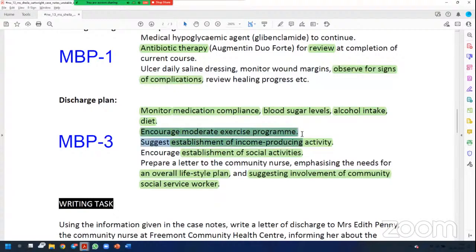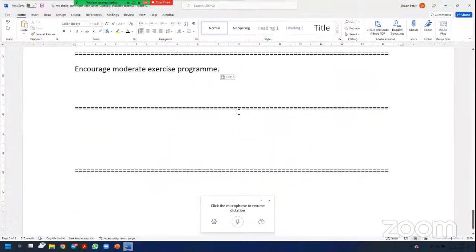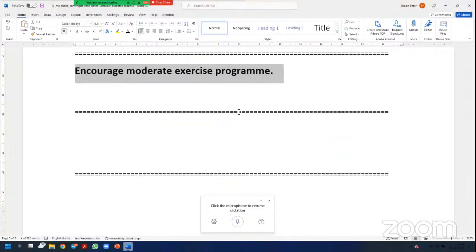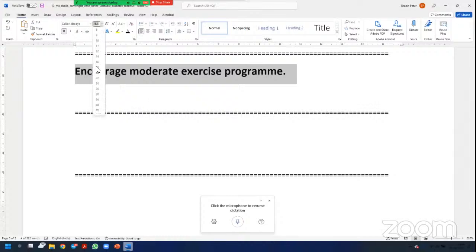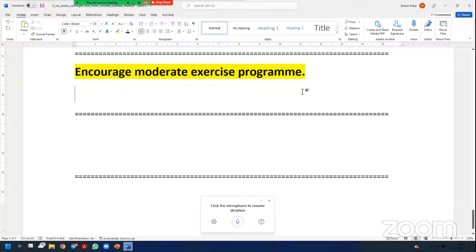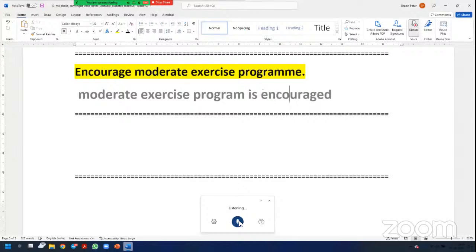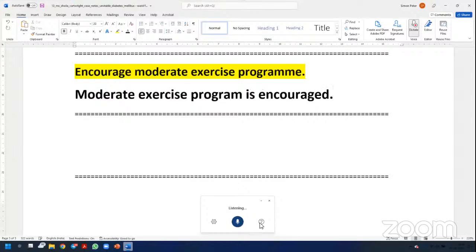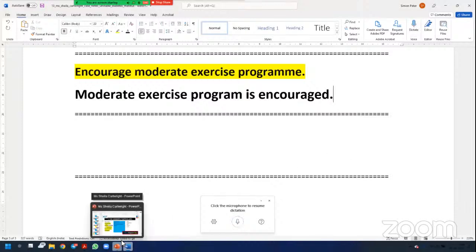Moderate exercise program is encouraged.